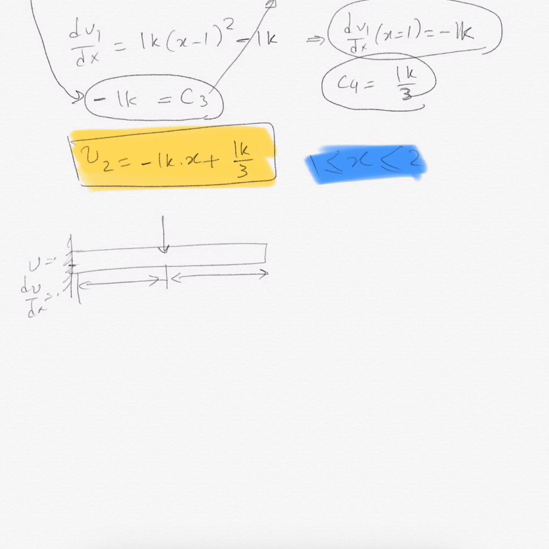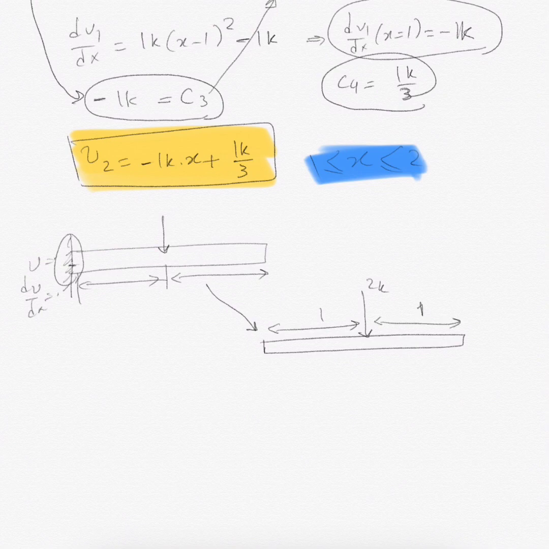Instead of that, I want to remove this wall connection and make the problem like this: you have a beam, okay, and then you have a 2k load right here. Let's put this 2k in the middle, like the previous example. So here is 1, here is 1, and 2k in the middle.